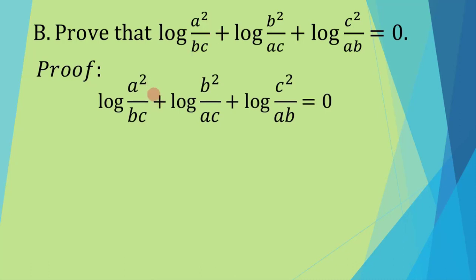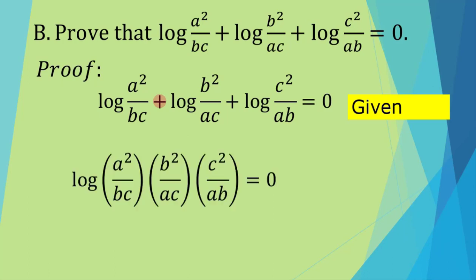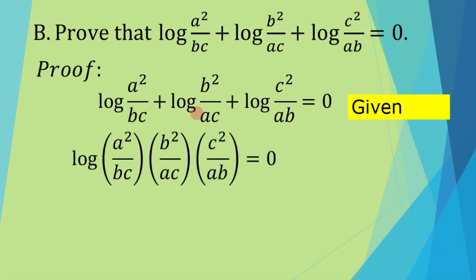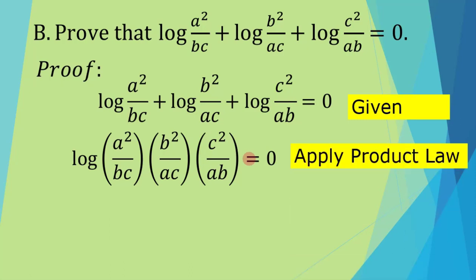So for the proof, we just copy the original expression. Then, since they have the same base, 10, we can put them under one logarithm. So we can multiply a squared over bc times b squared over ac times c squared over ab, then equate it to 0.